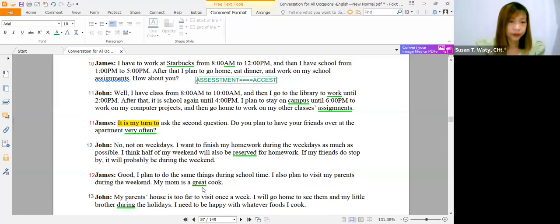Perfect. All right, and then remember, pay attention to the words that I underline. That way, the following week, you guys can improve the pronunciation on the underlined words. Let's move on to the next exercise.